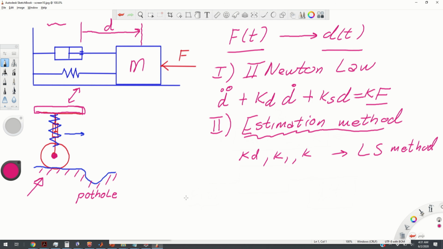The basic idea is that we can place a sensor here. So for example, you can place a distance sensor in this case. We can represent it like this, right?